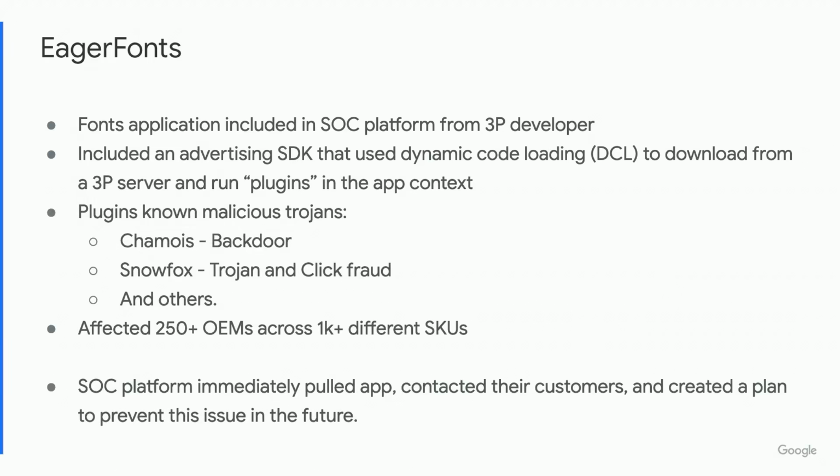But because these actors had gone so far up the supply chain to infiltrate a SOC, not even a single OEM, it ended up affecting all of the different OEMs who used the preloads from that SOC, aka 250 different OEMs across 1,000 different SKUs of devices.